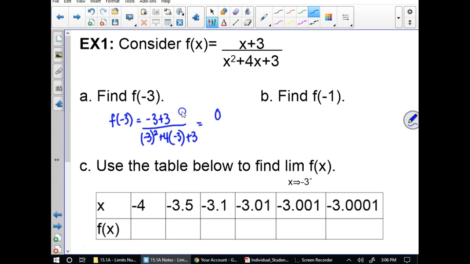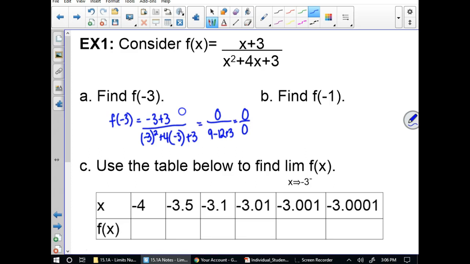And so that gives me 0 over 9 minus 12 plus 3, which actually gives me 0 over 0, which is the indeterminate form. So I don't have a value here at f of negative 3. That tells me there's a discontinuity there.